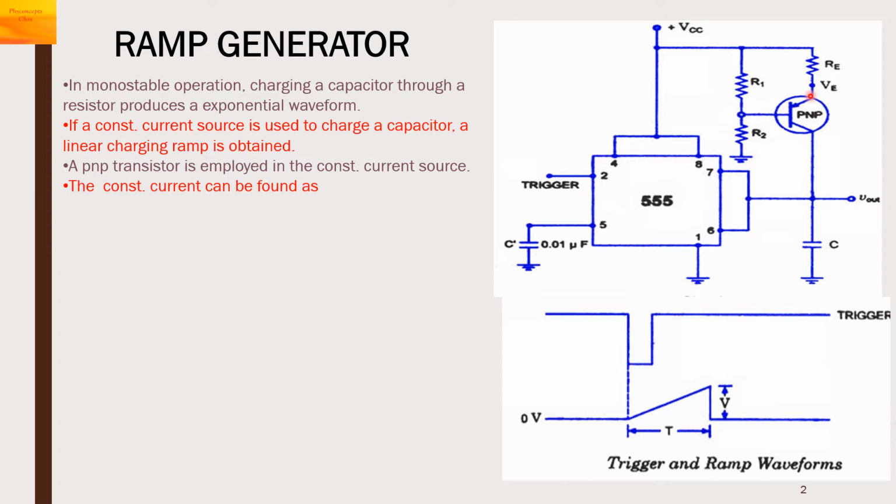The constant current can be found as VCC equal to IC RE, that is the voltage drop across RE, plus VE. So we can rearrange this equation as IC RE is equal to VCC minus VE, and can find the collector current, which will be constant, that is equal to (VCC minus VE) upon RE.